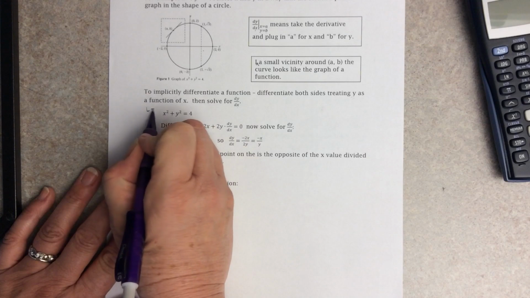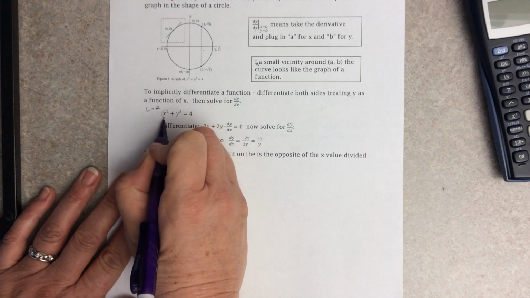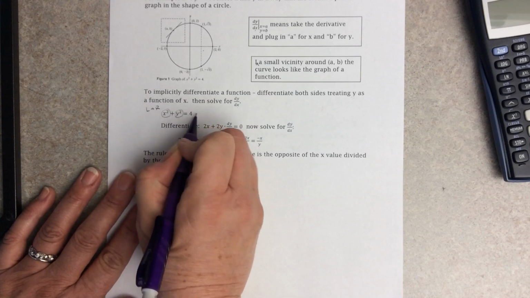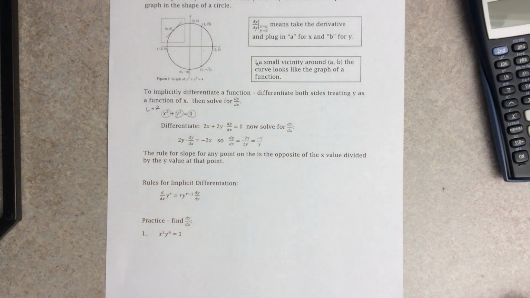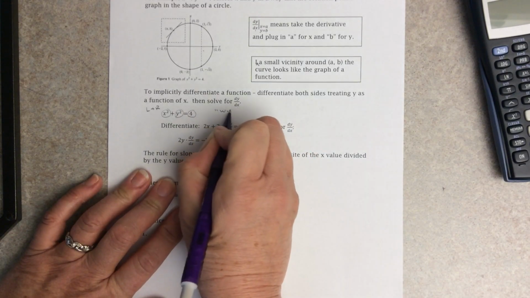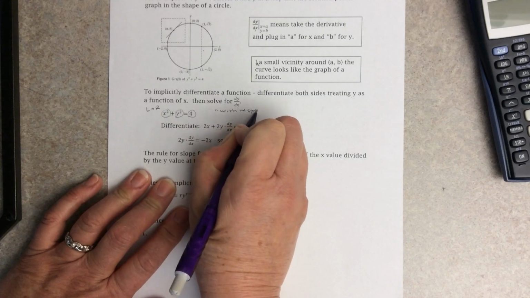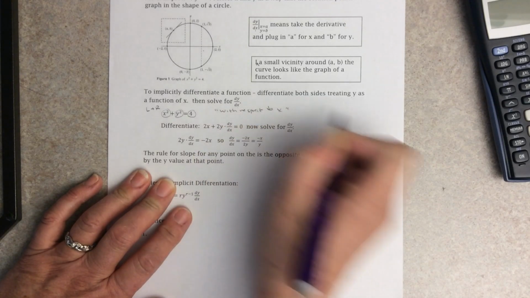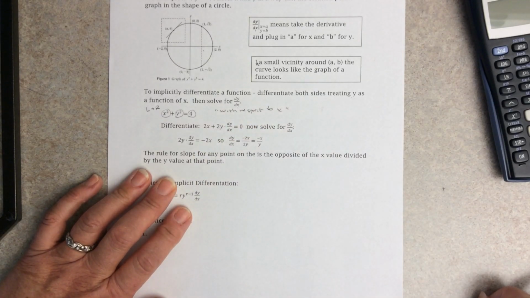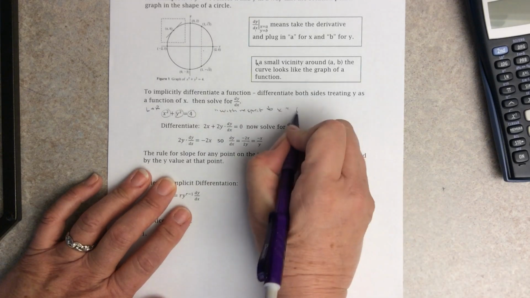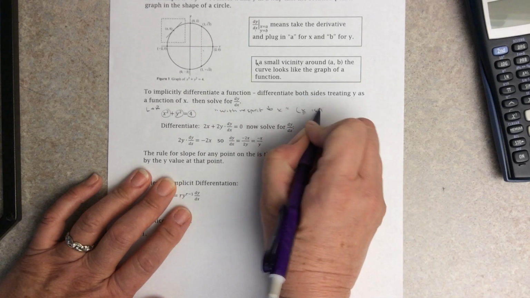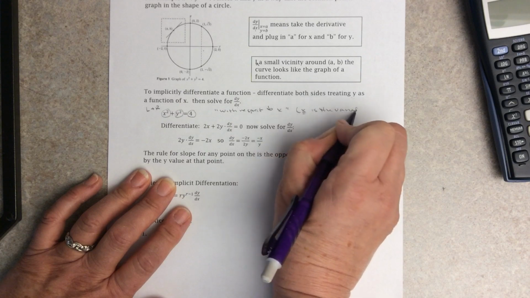You're going to go left to right, and every term you encounter, terms are separated by addition or subtraction, you're going to differentiate. And the mantra is with respect to x. Everything you differentiate with respect to x, meaning x is the variable, not y.